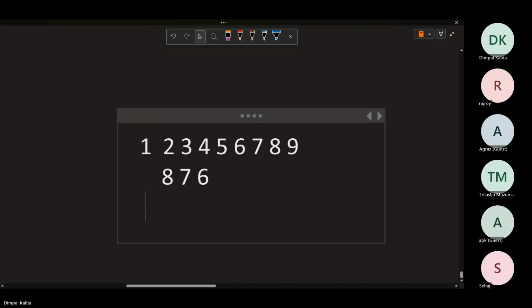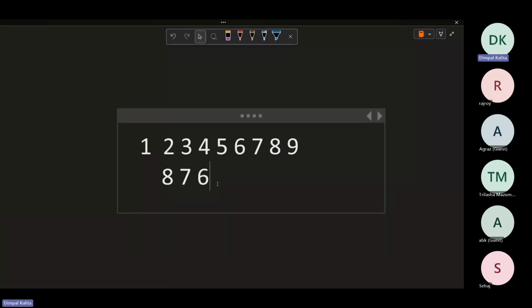Let's see what happens at the 7th second. Sorry, some mistake. At the 4th second I'll cross this room, at the 3rd second this room, at the 2nd second I'll cross.